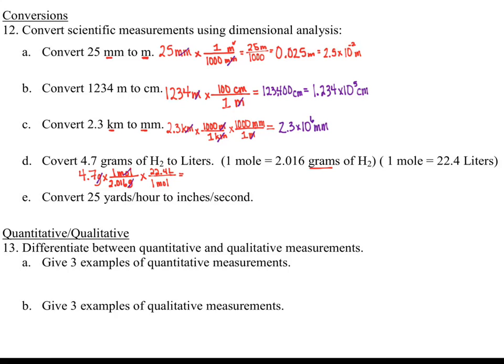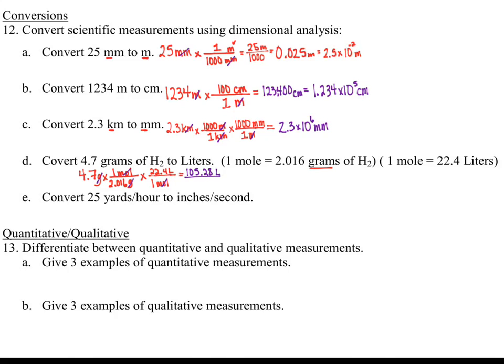My moles cancel out. And again, I'm going to multiply my numerators. I always like to set it up, even if it takes a little bit longer: 4.7 times 22.4 times 1. In this case, my answer is 105.28. And remember, don't forget your significant figures, okay? And again, liters.